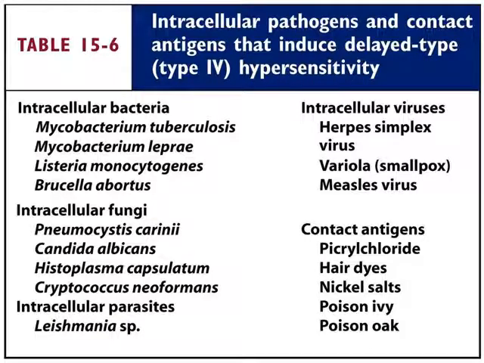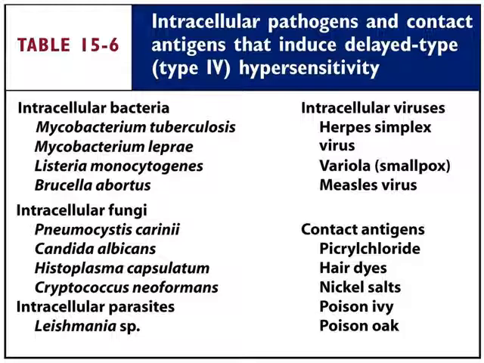Various agents which can lead to type 4 hypersensitivity reactions are a large number of pathogens like intracellular bacteria, Mycobacterium tuberculosis and leprae, listeria, brucella. Then some fungi can also lead to type 4 hypersensitivity, that is pneumocystis, candida, histoplasma, cryptococcus.